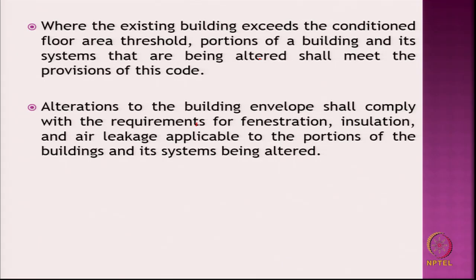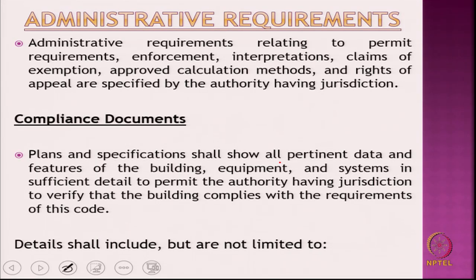So, if you are doing any alteration to an already existing building, you can't do much about the existing part, but any alteration you are doing, that should apply. Alteration to the building envelope shall comply with the requirements for fenestration, insulation, air leakages, etc., for the portion of the building system being altered. So, whatever you are altering, obviously it will apply.